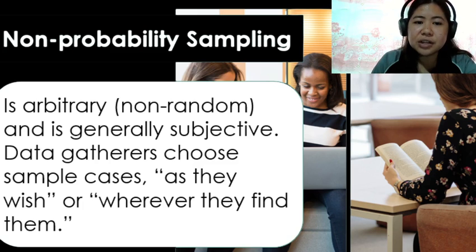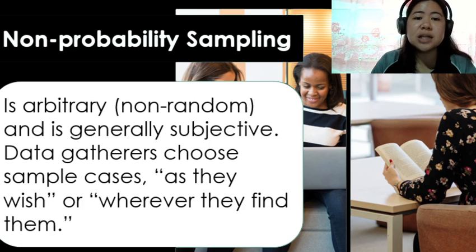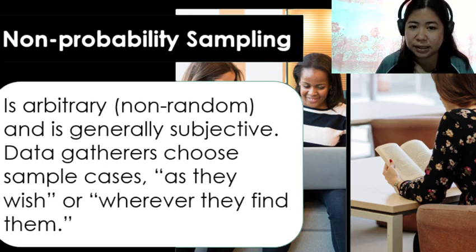Data gatherers choose sample cases as they wish or wherever they find them. So non-probability sampling is used in qualitative research because the process is generally subjective. That means you don't randomize your respondents. You choose the respondents as you wish or where you find them.